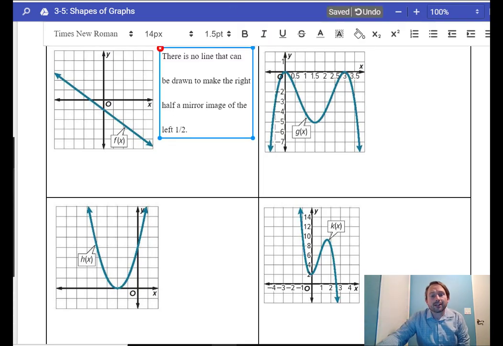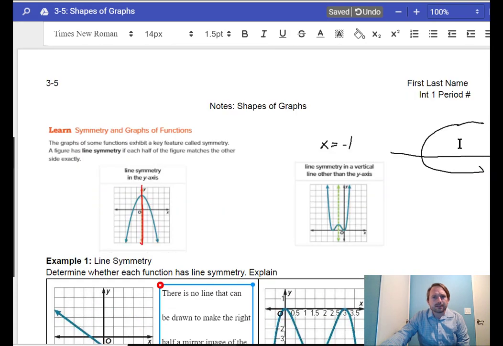For the first one, there is no line that can be drawn to make the right half a mirror image of the left half. So this has no line symmetry. And going back to the top one, this would not be a function because these inputs would have more than one output. But this is an example of showing a graph with line symmetry.